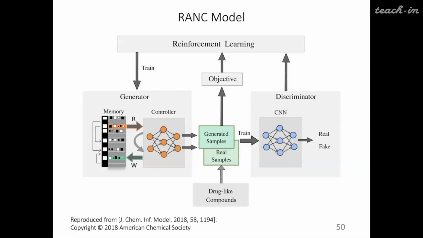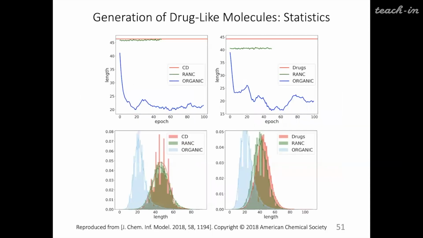These molecules were generated by the generator, and the purpose of the discriminator that included a CNN was to determine if these molecules are real or fake data. And this model allowed them to generate drug-like molecules that do not deviate by their structural parameters from molecules from the original data set.